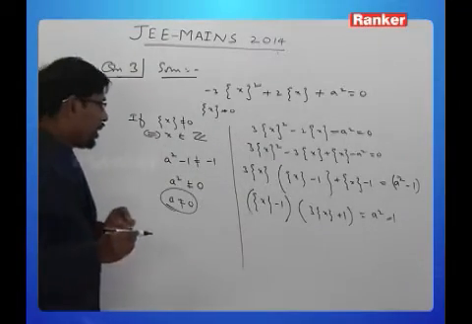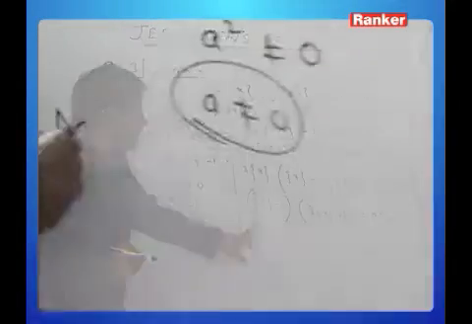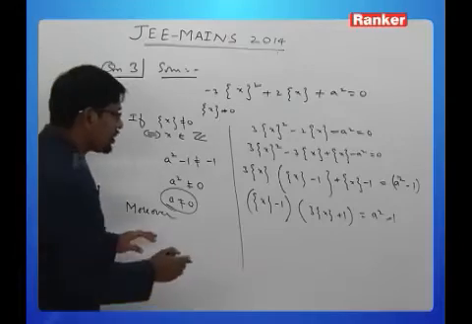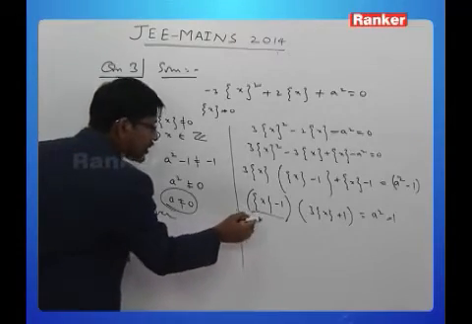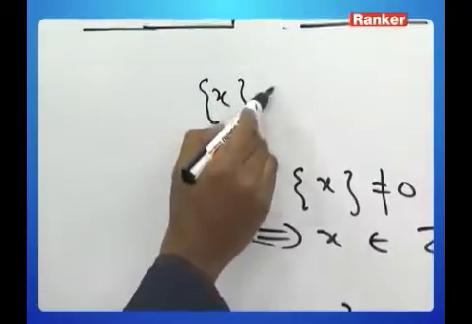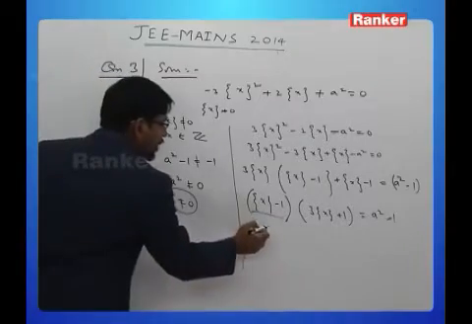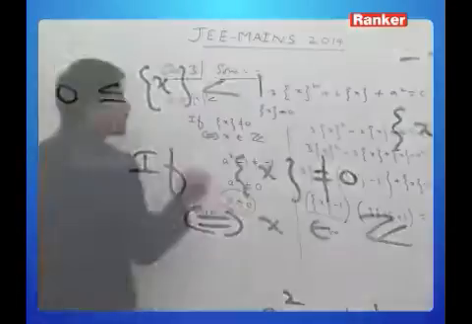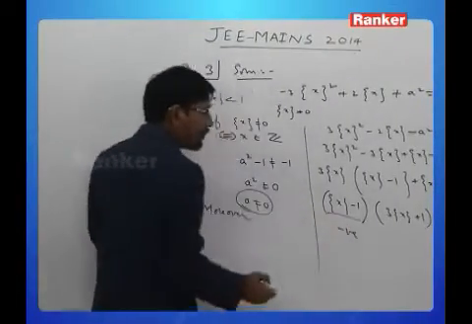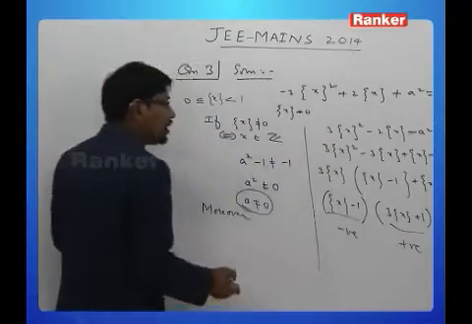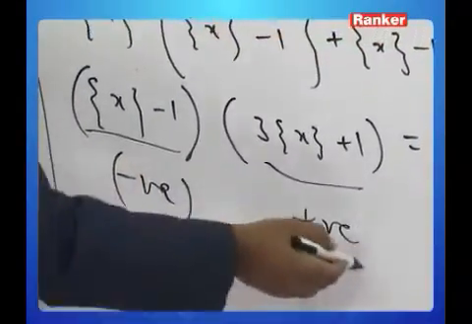Okay. And moreover, here observe that the fraction part of x is always less than 1. So this will be a negative quantity, and this is a positive quantity. So negative into positive will be a negative quantity.